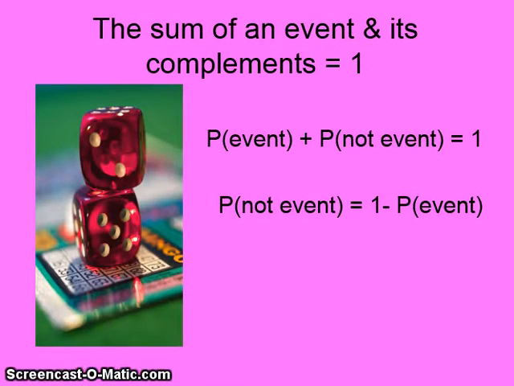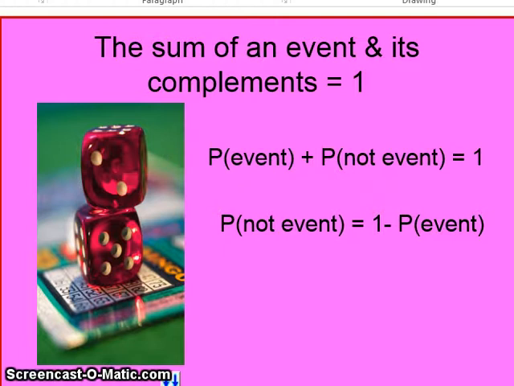The sum of an event and its complement always equals 1. So like before, when I said that if your favorable event is rolling a 3 on a number cube, there's 1 three out of 6 numbers on a number cube. And then there are 5 other numbers that are not 3, 5 out of 6.